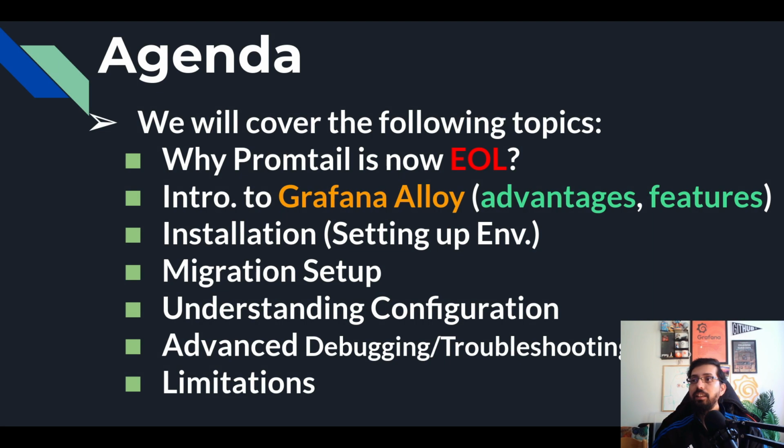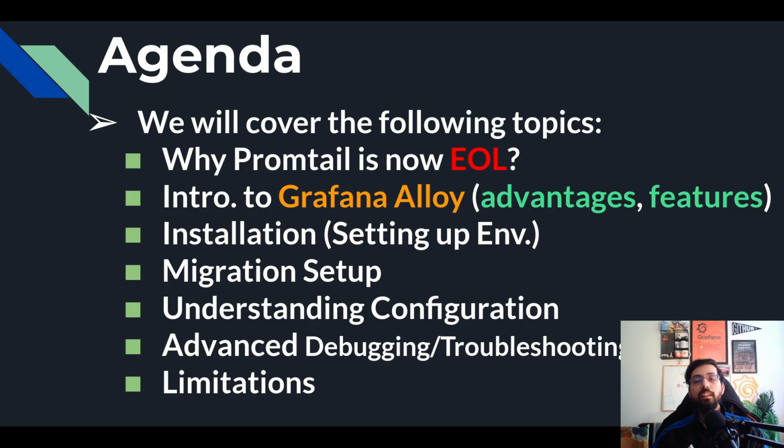So this is today's agenda. We will cover topics like why Promtail is now end of life and some introduction about Grafana Alloy. We will discuss its advantages and features. And then we will go to the installation setup where we'll set up the environment. And then in the migration setup, we will look at the strategy for how you can migrate your existing Promtail configuration file into Grafana Alloy with minimal effort and keep your dashboards intact without any problems.